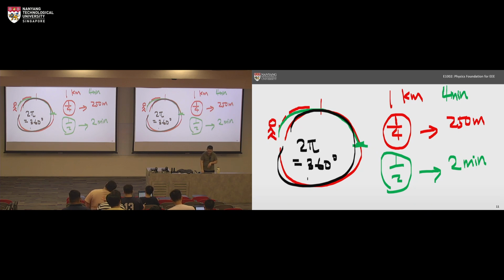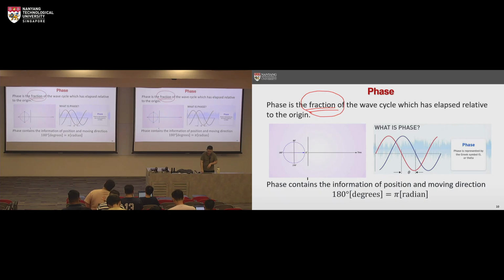Okay, so if you have this image in your mind, now you can come back to look at this slide. One cycle is usually defined as 360 degrees, which is also equivalent to 2 pi. So basically, phase means the fraction that you have traveled in this cycle.